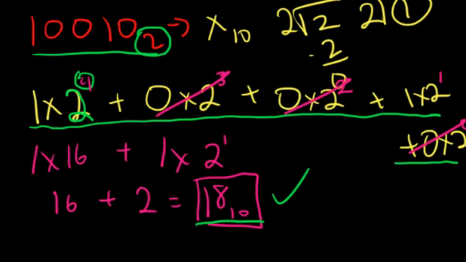And then we just start at 0 for the exponents and go this way. So we start at the ones place and then go all the way up, adding 1 each time, and then we convert from exponents to actual numbers. We went from 2 to the 4 to 16 and 2 to the 1 to 2, right? And then we just simply add, and that's how you get your base 10 number.